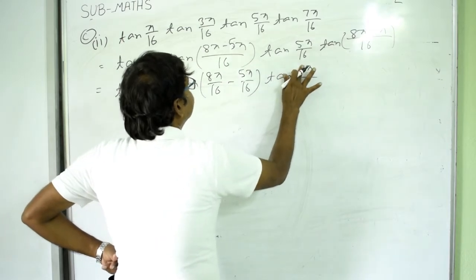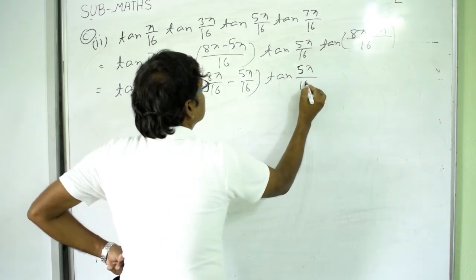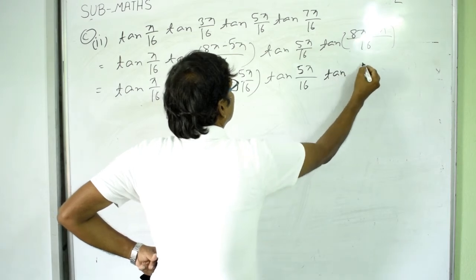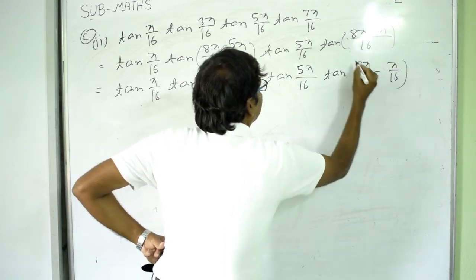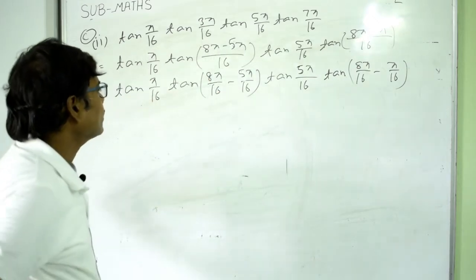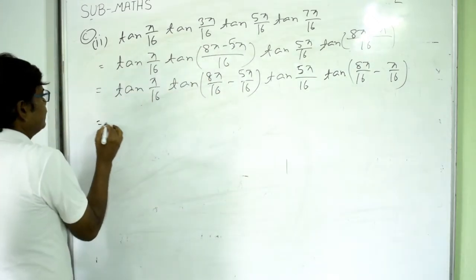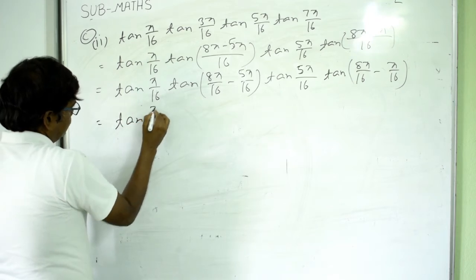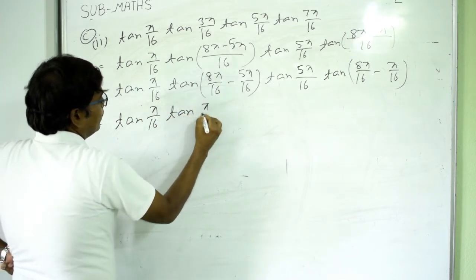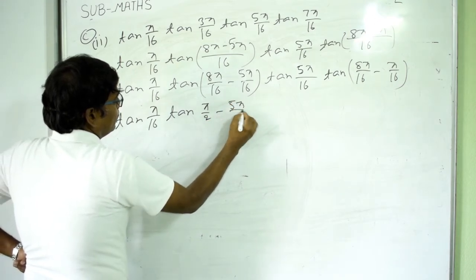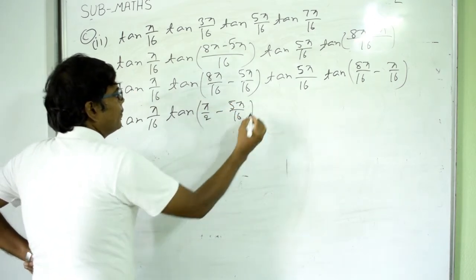So you have here 5 pi by 16, and here also 8 pi by 16 minus pi by 16. Now it will be here pi by 2.